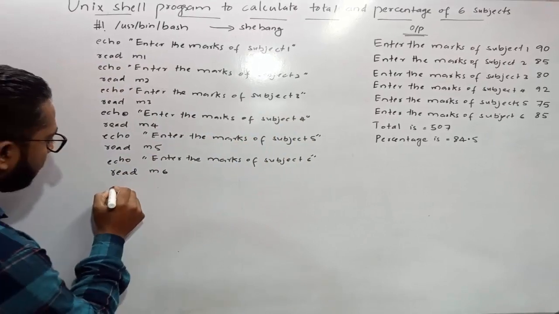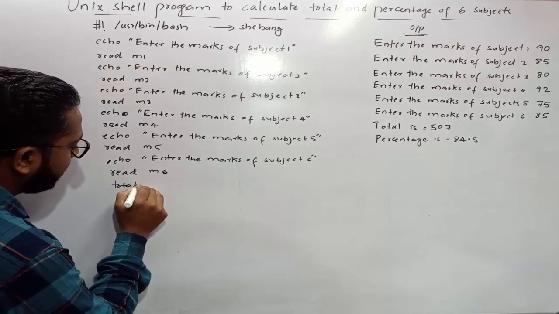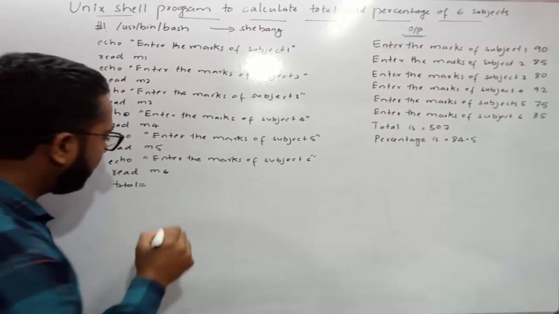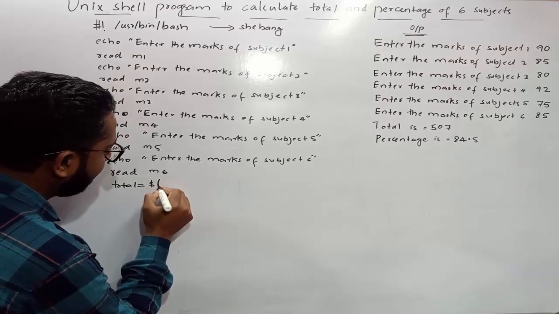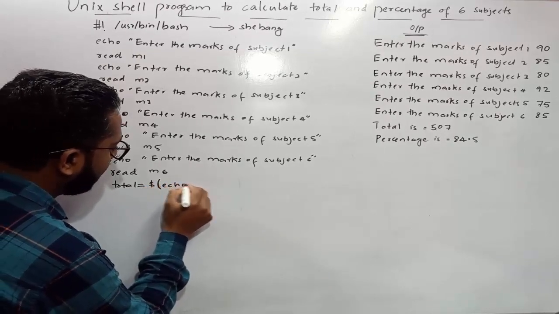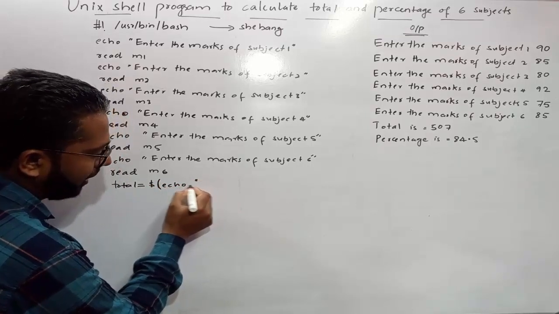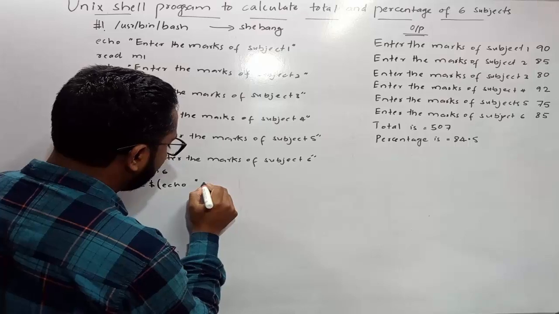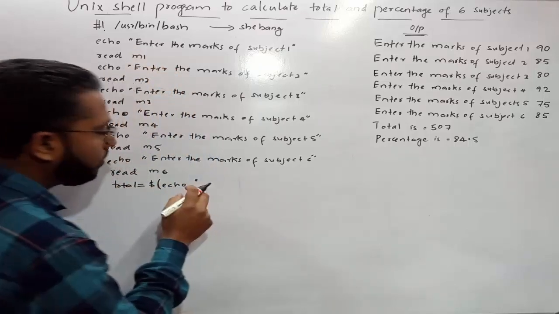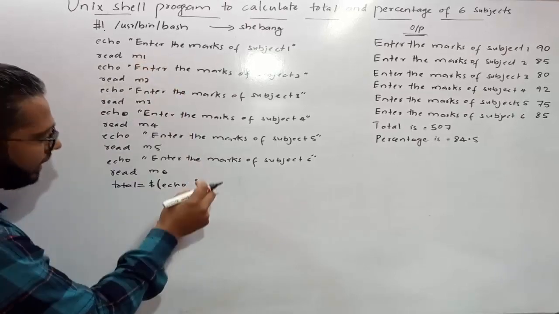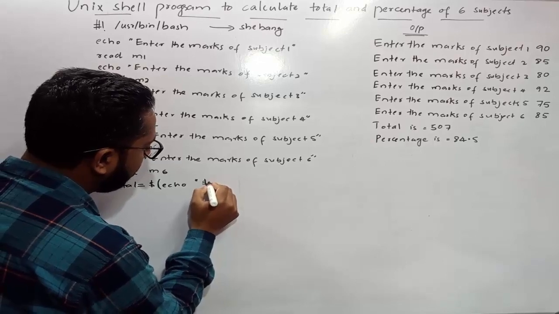So to make the total, I will use the variable name total, then equal operator, and then dollar open round bracket, then echo, and I will use space double quote. Before the double quote, you need to put a space. Then I need to use the variables M1, M2 till M6. Whenever you use a variable in some expression, you need to prefix the variable with dollar.